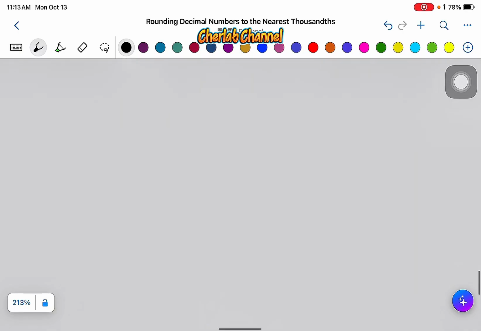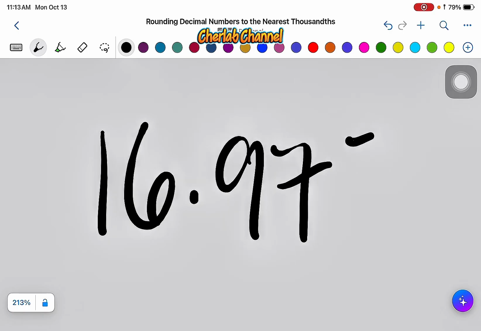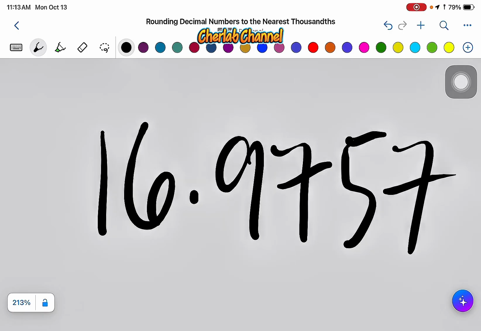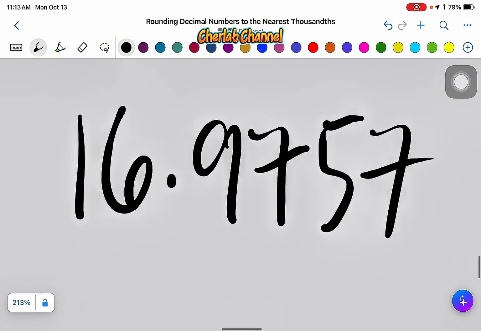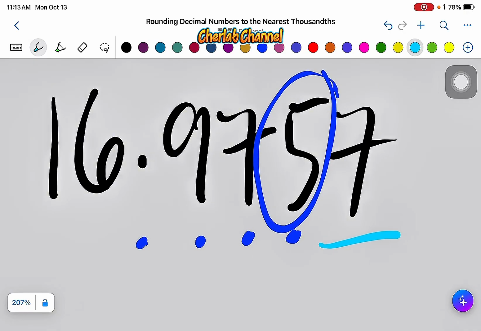How about we have 16.9757 in the thousandths place. So again, identify the number in the thousandths place. Tenths, hundredths, thousandths. So si 5 yung ating ira-round off. Sinong magsasabi? Yung kanyang kapitbahay, which is si number 7. And according to the rule, pag mas mataas kay 5, 5, 6, 7, 8, 9, we will add 1.